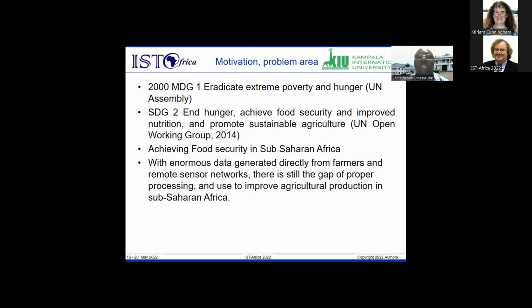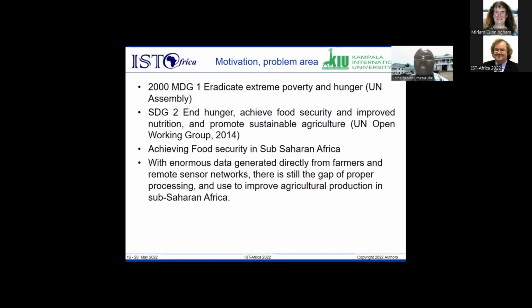Agriculture is the bedrock of the food chain. And in every interaction with the environment by man in the area of agricultural production, data is generated.